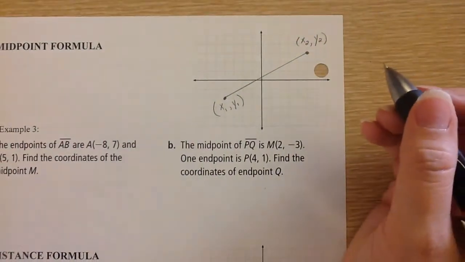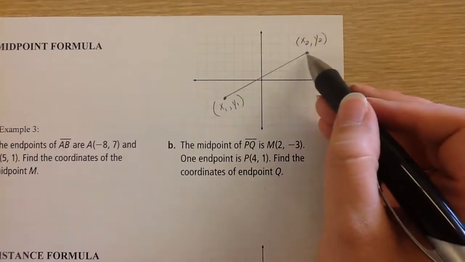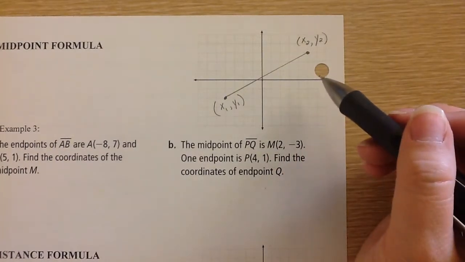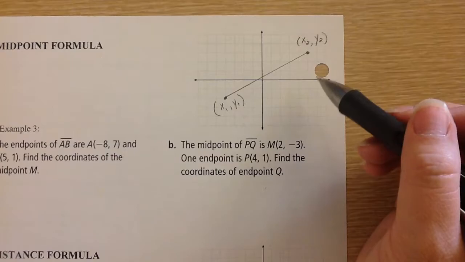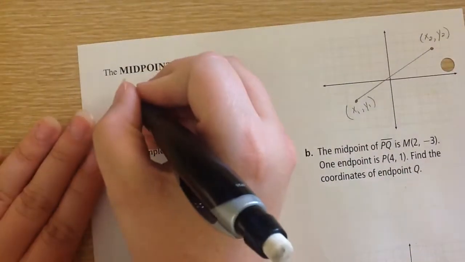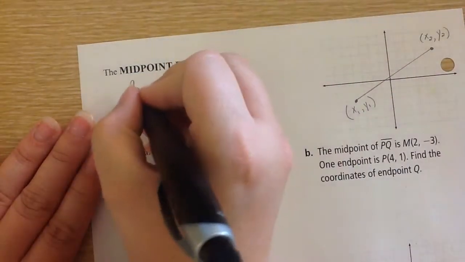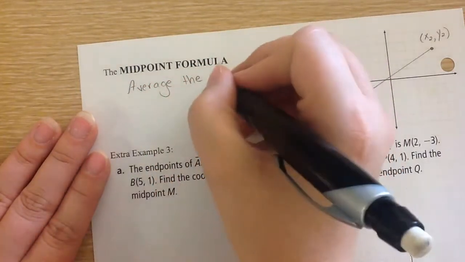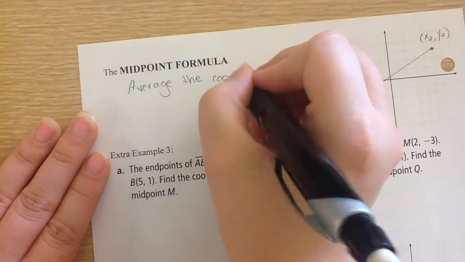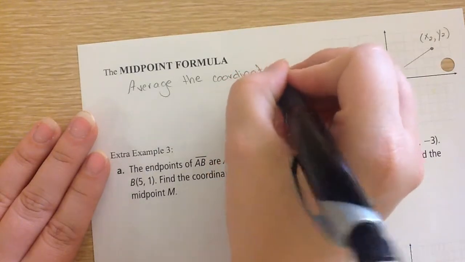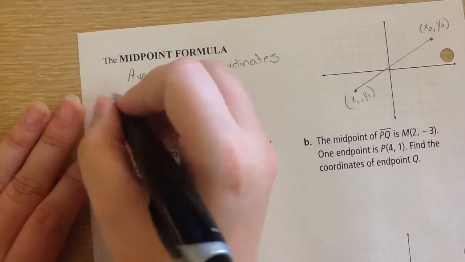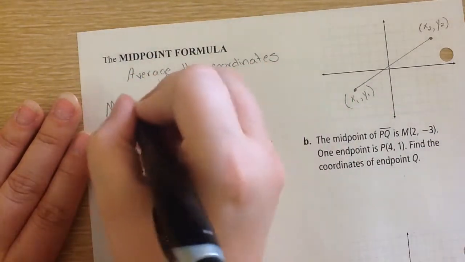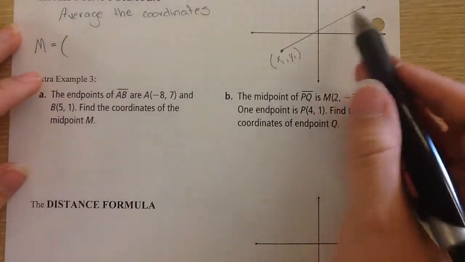And I'm looking for the midpoint of this segment. I can find that midpoint by averaging the coordinates. To find the x coordinate of my midpoint, we'll use capital M for midpoint, it's going to be the average of my x coordinates.